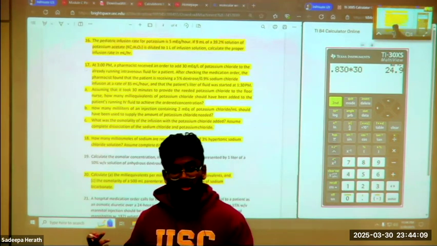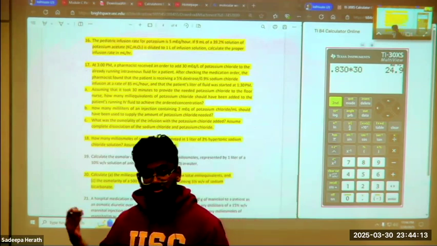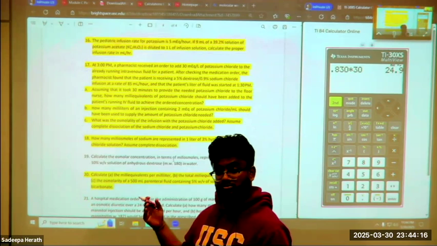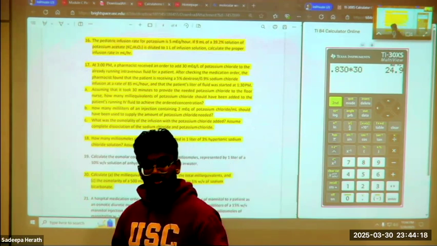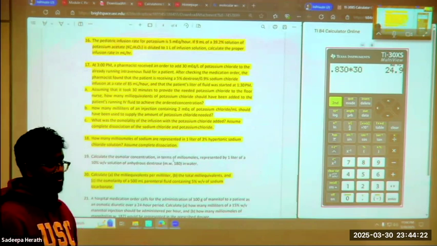So we need to find out how many mLs from the liter of solution were deducted and infused in the patient. And then we need to find out how much is left over in that liter.